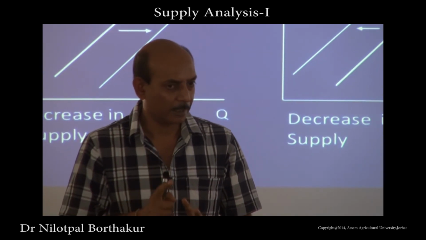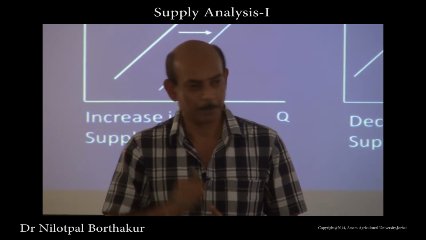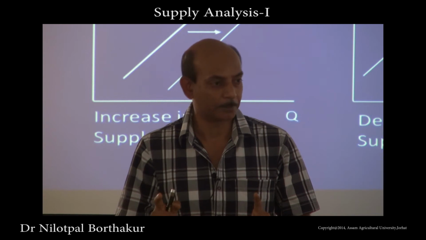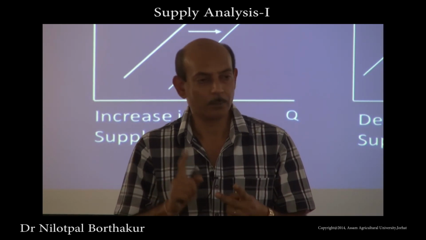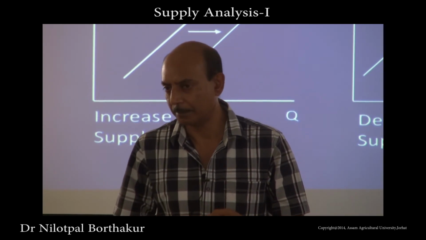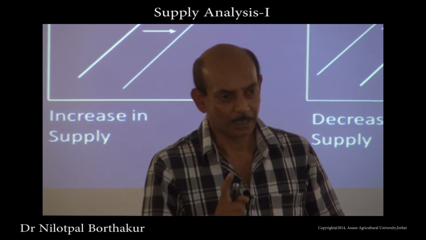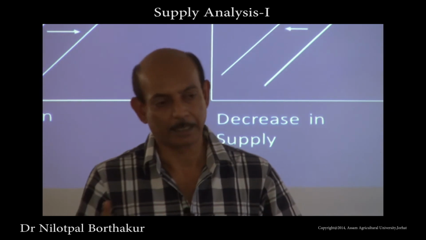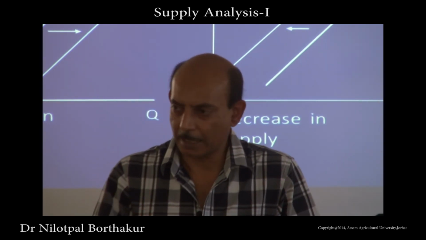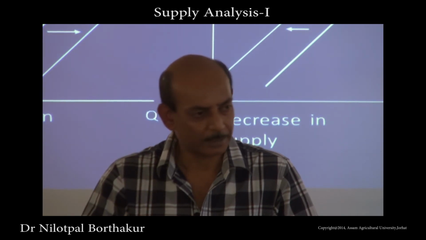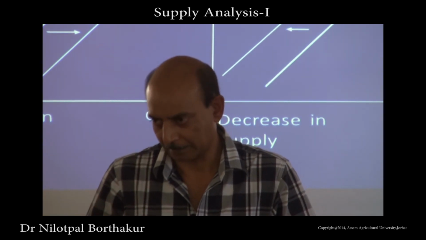So ultimately there are two groups of people in the market: individual seller and the group of sellers in the market. So we find two different types of supply schedules: individual supply schedule and the market supply schedule. And in the same process, when we convert it into a graph, we find individual supply curve and the market supply curve.